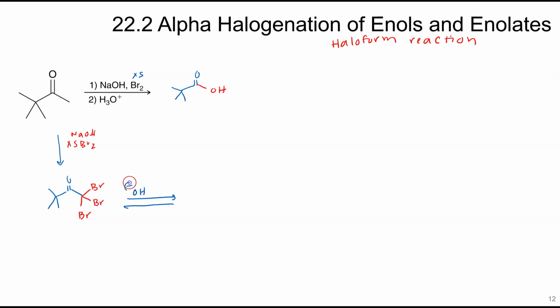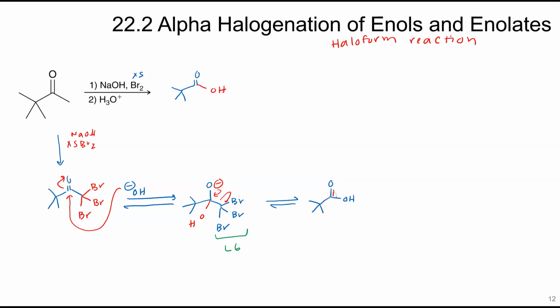And with that OH minus present, that can attack here. This is now a fantastic leaving group. So these electrons can come back and reform the double bond, to get the carboxylic acid plus CBr3 minus.